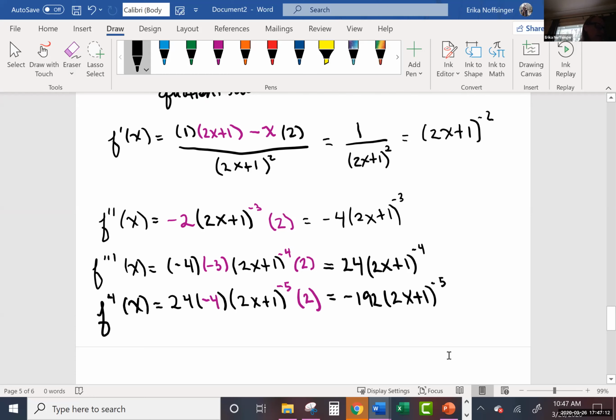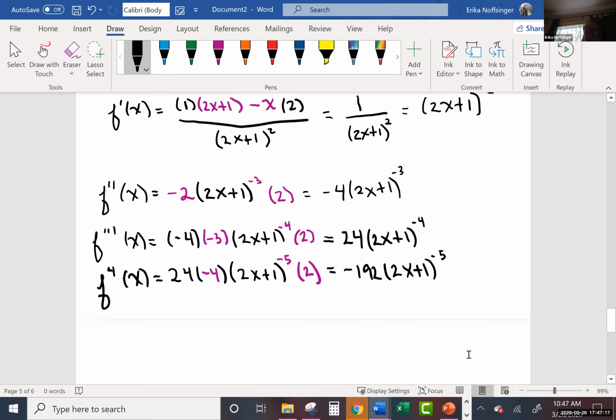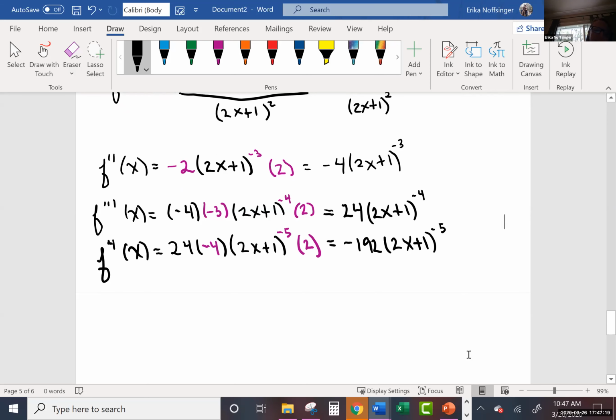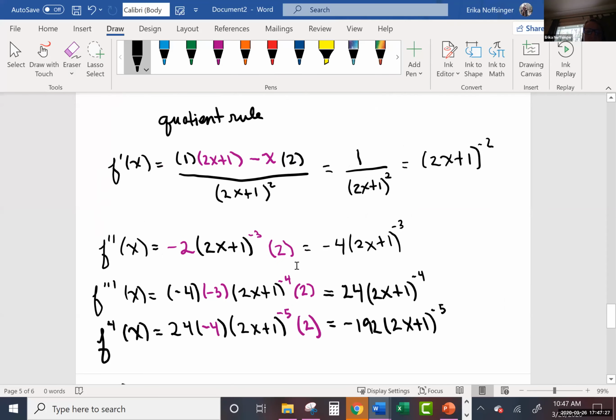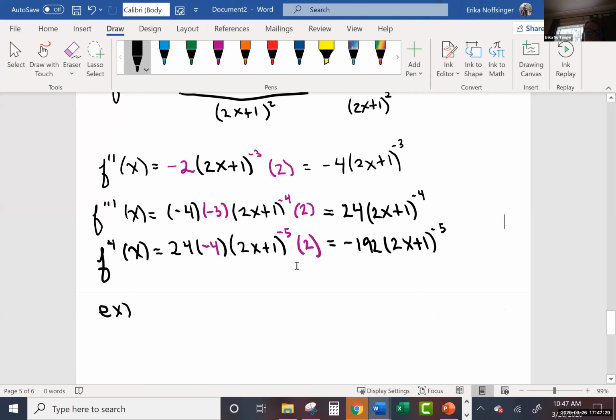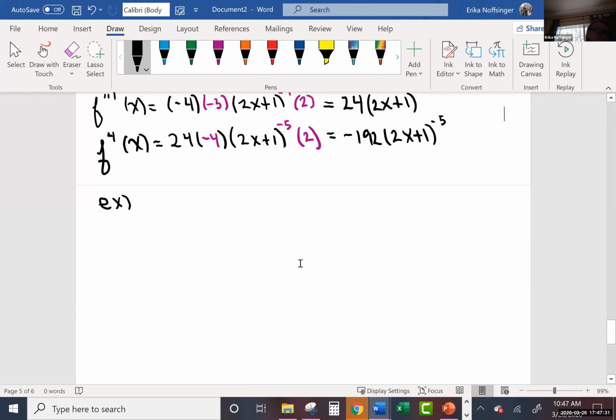Okay, so taking multiple derivatives of something isn't bad at all. I guess it could get bad, but that wasn't too bad once we could rewrite it and use the general power rule. But what if it was the same thing, but this time we're given that f of x is equal to the natural log of x.